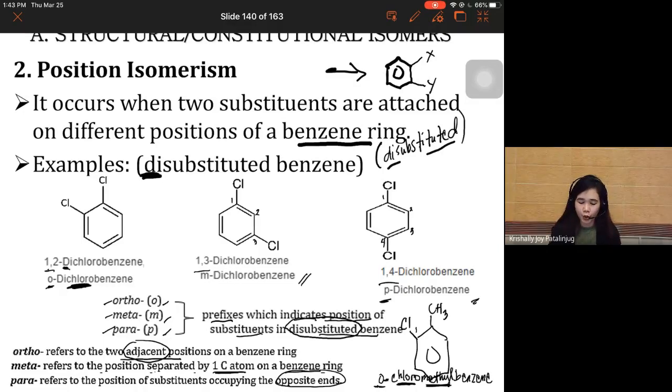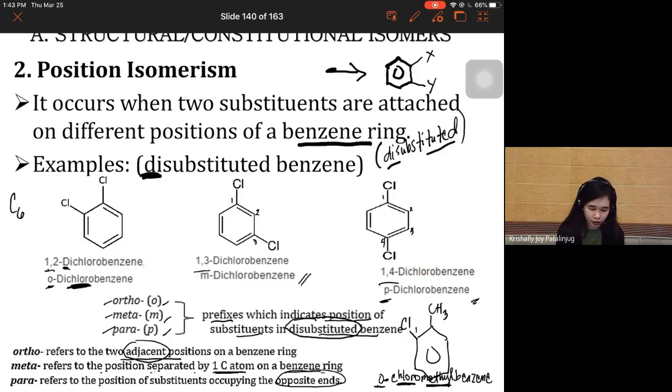So, all these given structures, disubstituted benzenes with a chloro substituent, lahat sila shows isomerism. Kasi same lang yung formula nila. Lahat is C6, 6 yung carbon for a benzene ring.